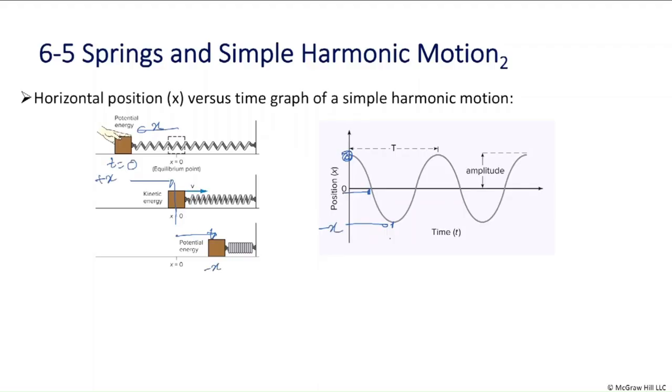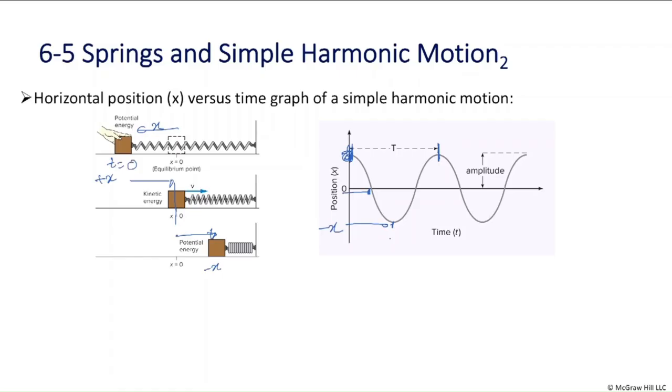At this position it is plus x, at this position it is minus x. And again the mass will reverse its direction, pass the equilibrium position and then go back to the stretched position. And this repeats over and over, creating a smooth wave-like graph as in this figure, specifically a sine or a cosine curve. So after a time t, the mass will be at the same position as the initial point. This time we call the period T of simple harmonic motion.